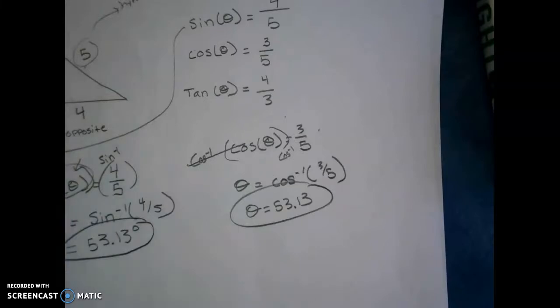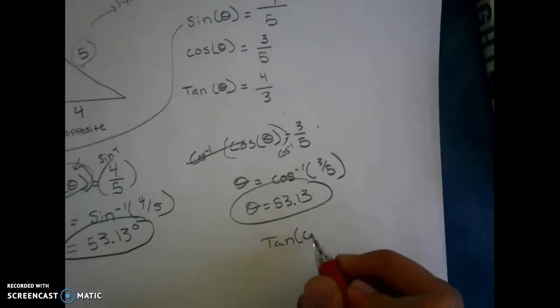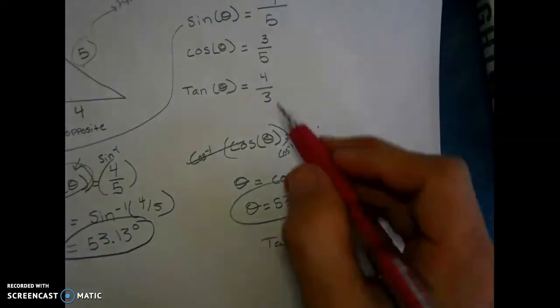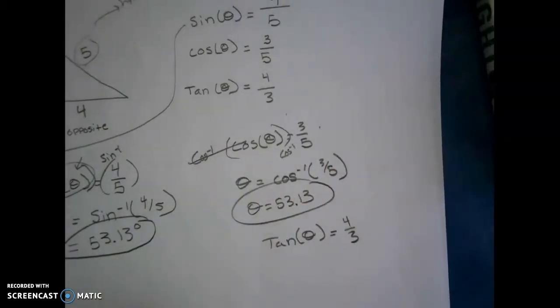And then the last one, we have tangent of theta is equal to, well, what was our ratio? 4 over 3. Same pattern as the other ones. We use the inverse of tangent.